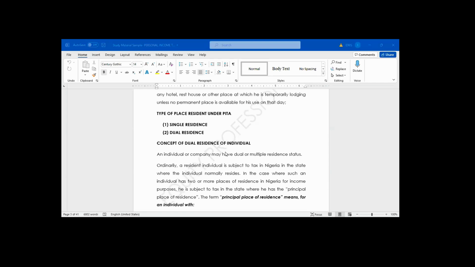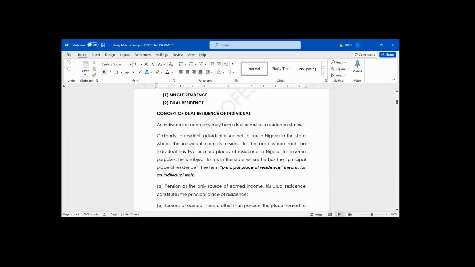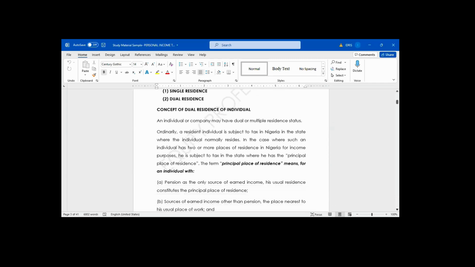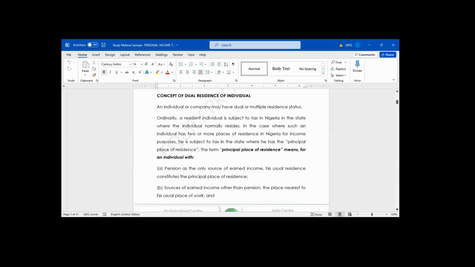That is your principal place of residence. That is the state you are going to remit your tax to. So, when an individual is a dual resident, we need to determine his or her principal place of residence.